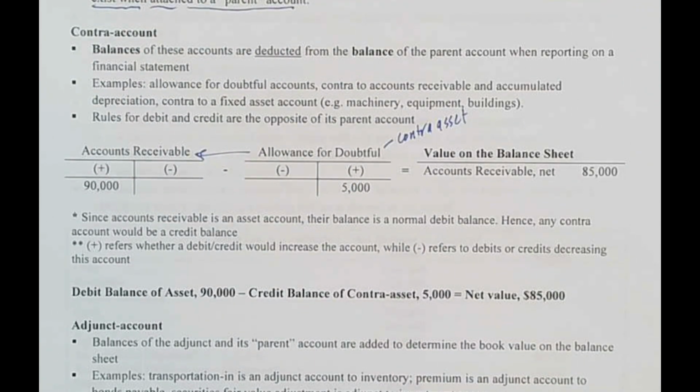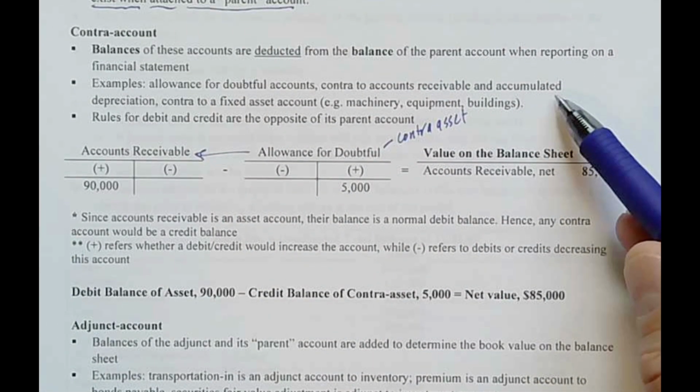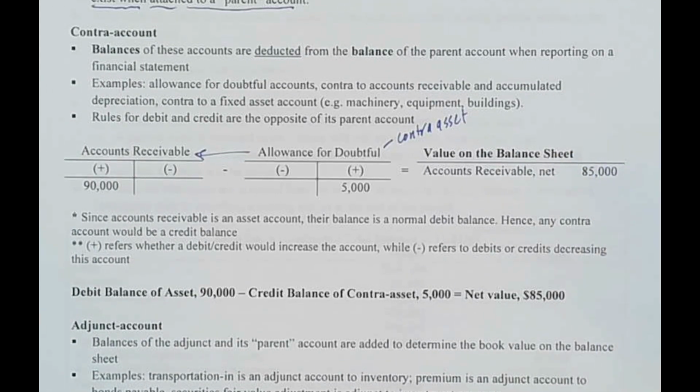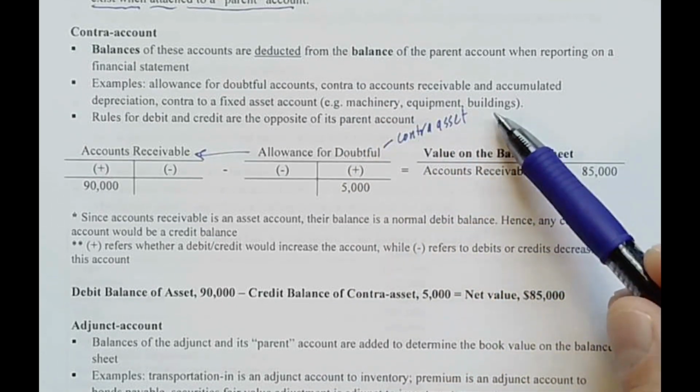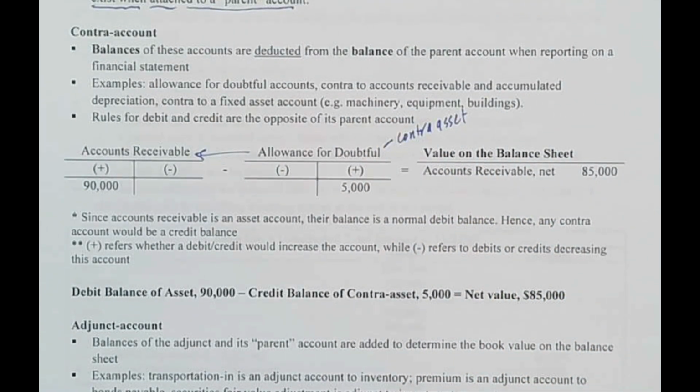Another example that is most likely even more familiar is accumulated depreciation, and that account's parent account is a fixed asset account of some sort: machinery, equipment, or buildings. Again, it makes no sense to have accumulated depreciation unless it is tied to an asset that we are matching the expense of over time.